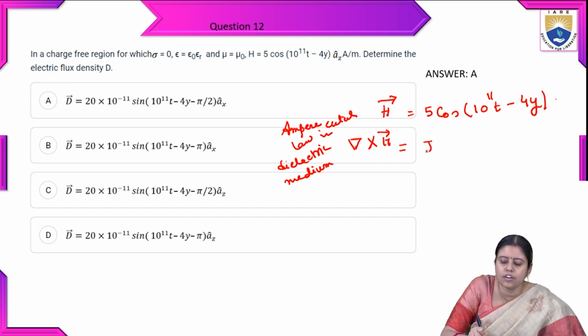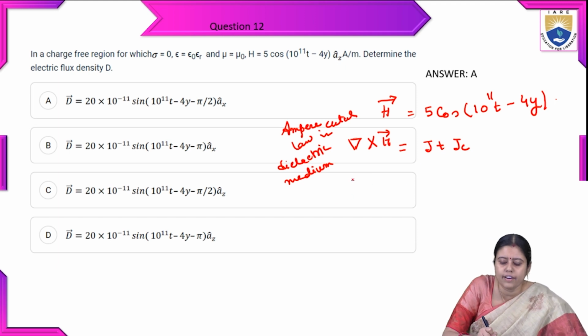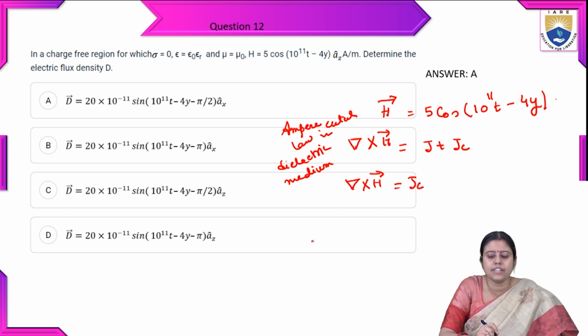Grad cross H is equal to J plus JC, but as this is a dielectric medium, the conduction current is 0, so we can write grad cross H is equal to JC. JC is the displacement current.